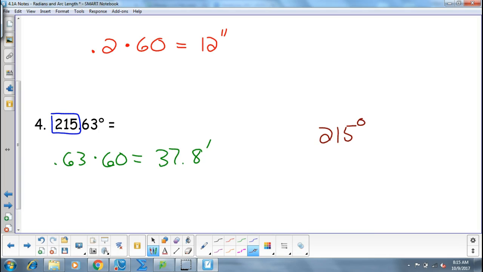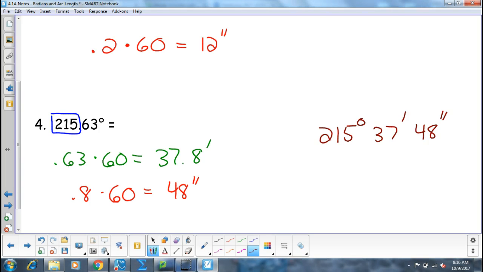So that tells me 37 minutes. And then 0.8 times 60 is going to be 48 seconds. So I get 215 degrees, 37 minutes, 48 seconds. There. Yes? Okay? So converting back and forth between decimal degrees and degrees, minutes, and seconds.